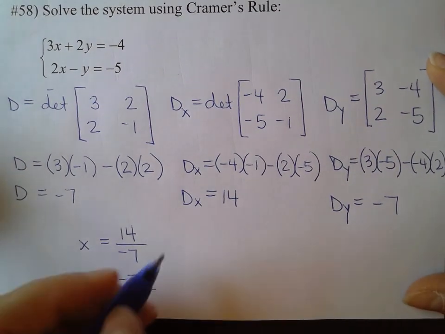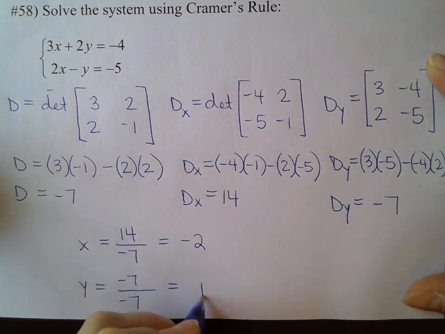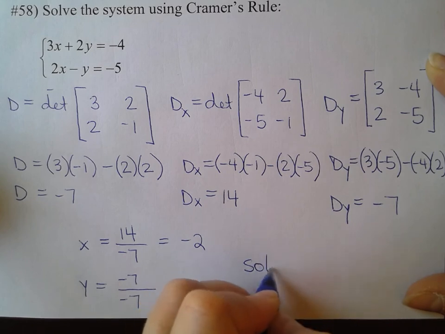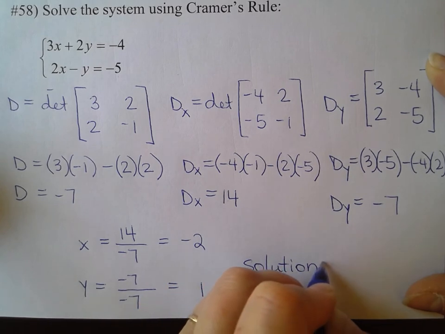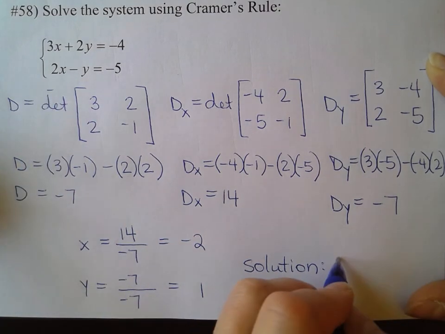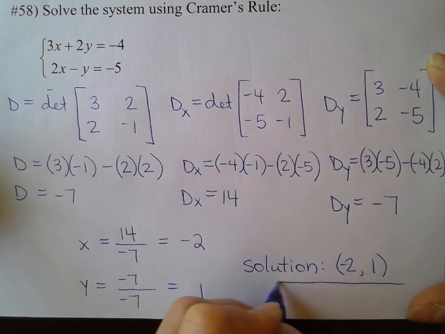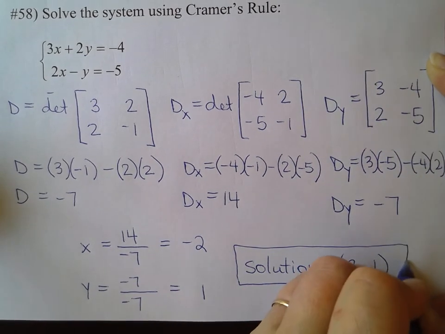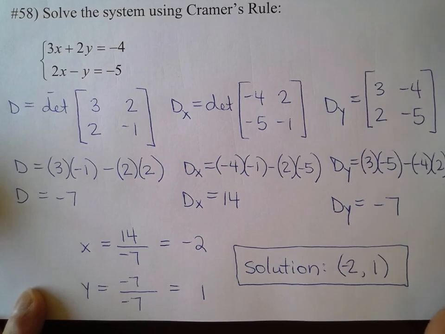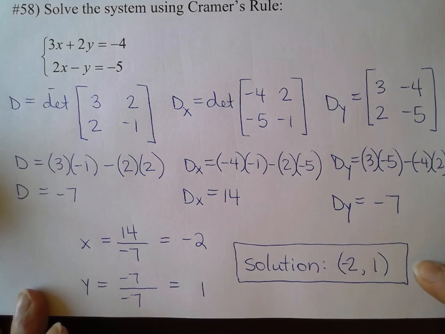So x will be -2, and y will be +1. And that's an x value and a y value, just like we would normally solve a system that looks like this. The point that those 2 lines cross at would be the point -2, 1. And I suppose if you wanted to double check that, you could always solve that system using substitution or elimination just to sort of back this up, make sure that it actually works.